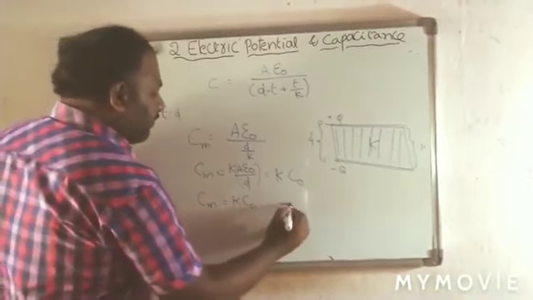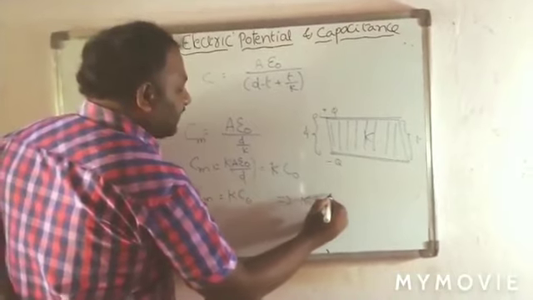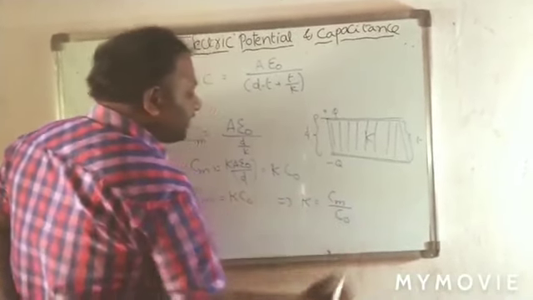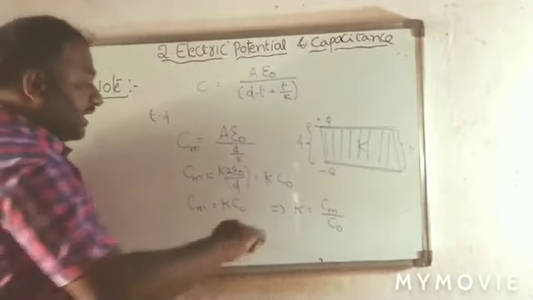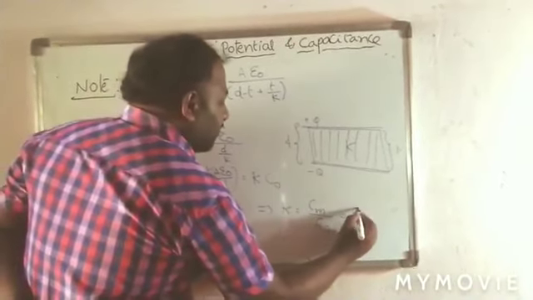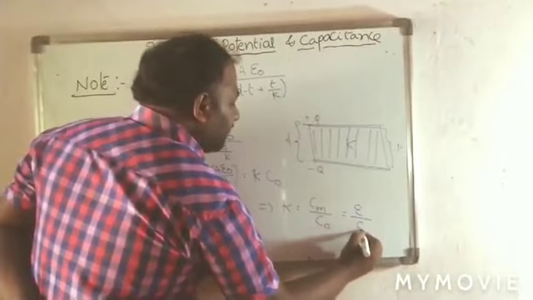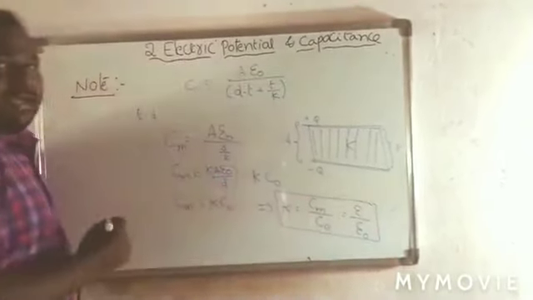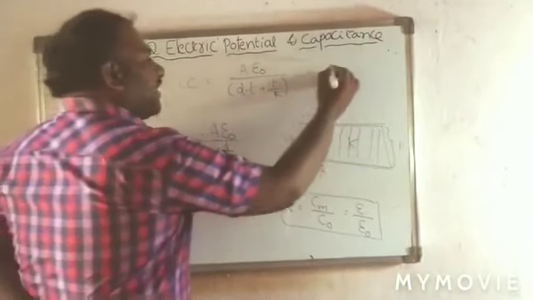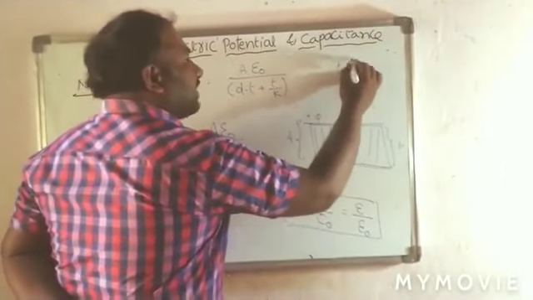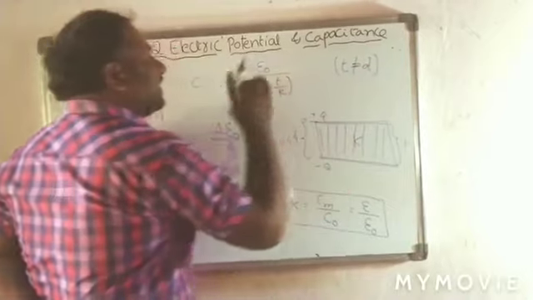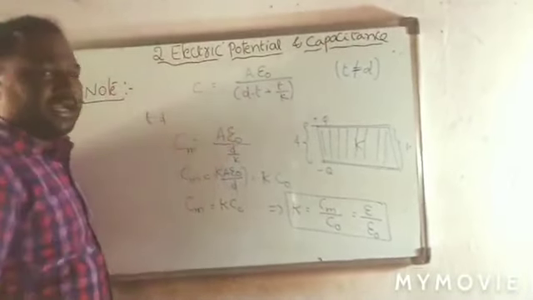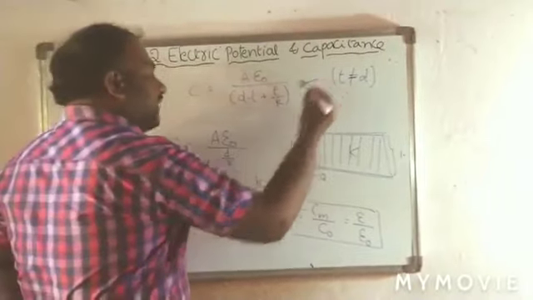From that we write the dielectric constant K as capacitance with medium by capacitance without medium, and also as permittivity of medium by permittivity of free space. This is an important relation. The earlier formula is used when T is not equal to D, that is, when the thickness of the dielectric is not equal to the distance between the plates.